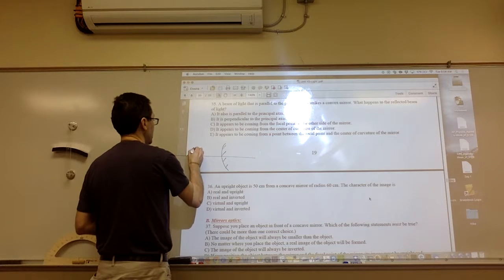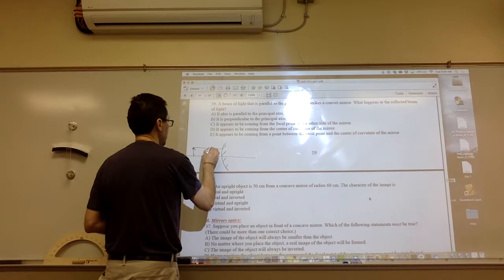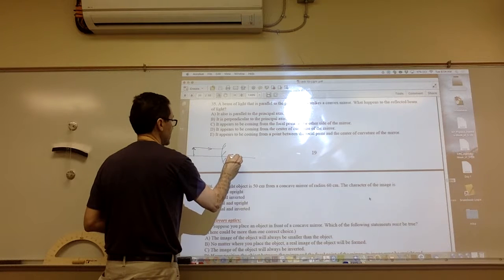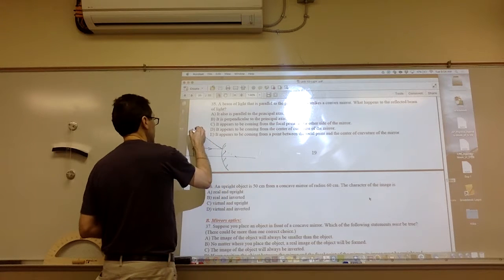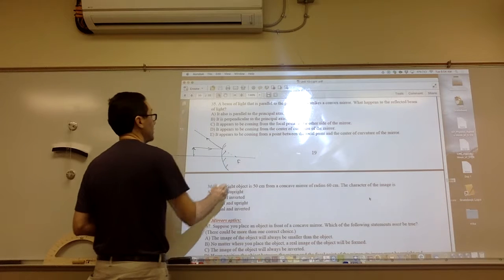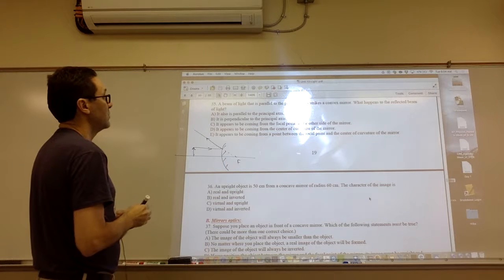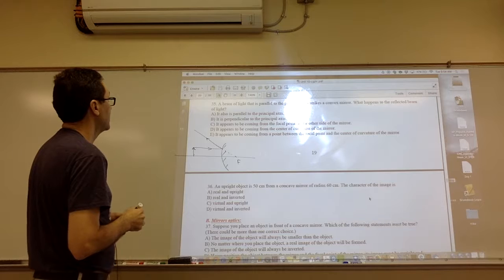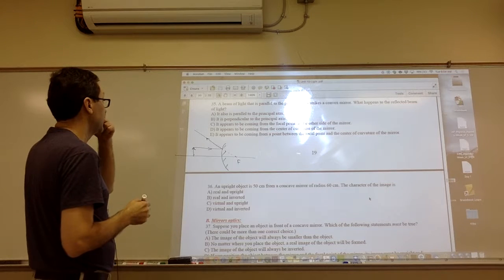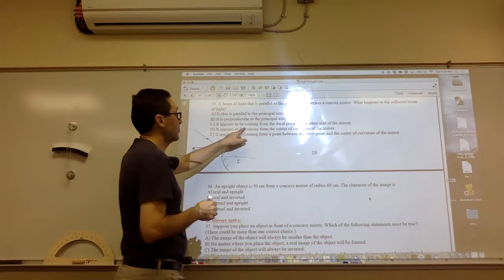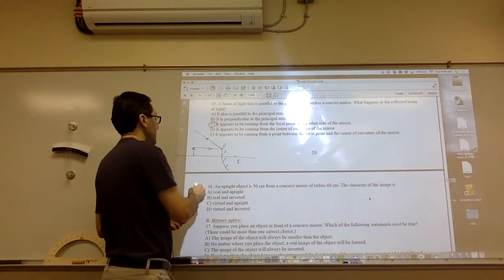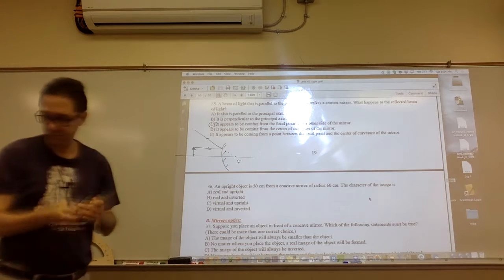If you have your object here, it's coming this way, it's going to reflect as if it's coming from the focal point on the other side. It appears to be coming from the focal point on the other side of the mirror. So the answer to that is C.